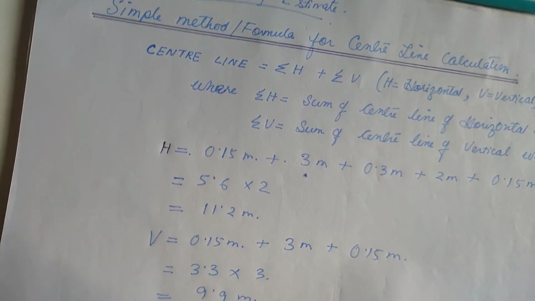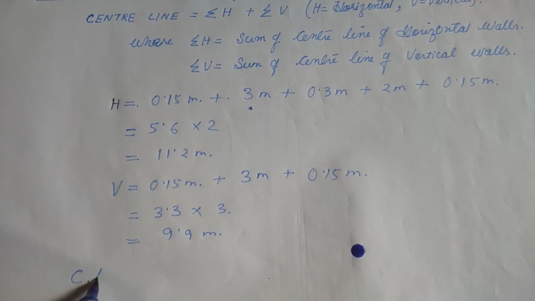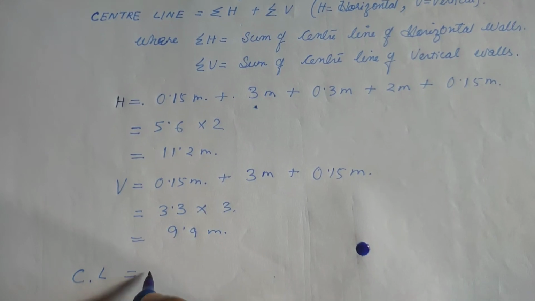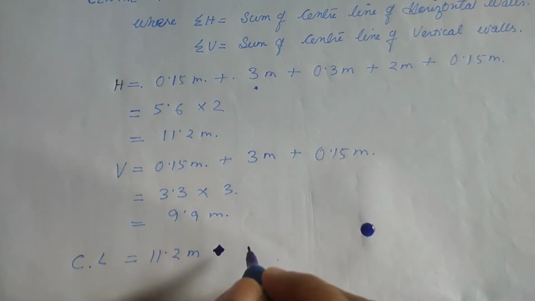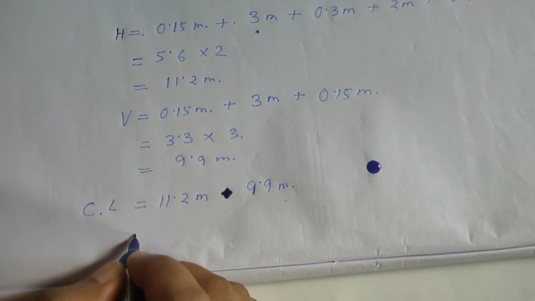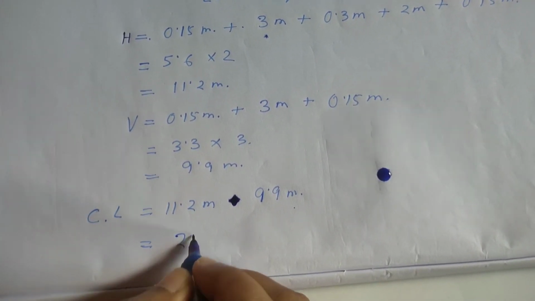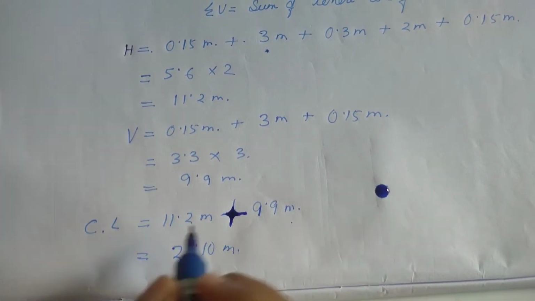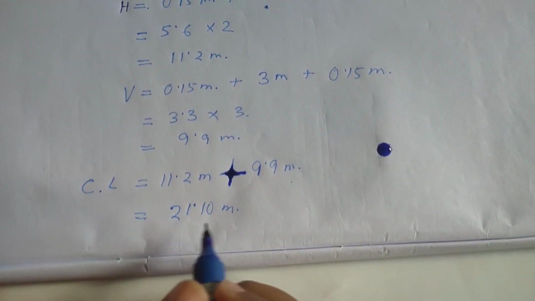So now finally we'll find the center line. CL equals, what was the length of the horizontal walls? 11.2 meter, plus the length of the vertical walls, 9.9 meter, equals, this is addition, 11.2 meter plus 9.9 meter gives us 21.10.